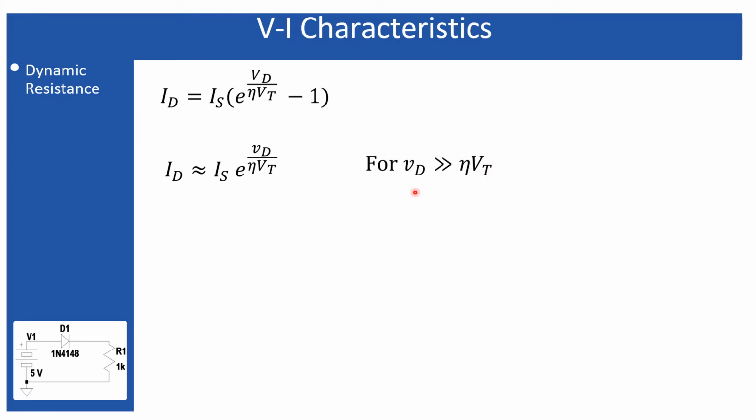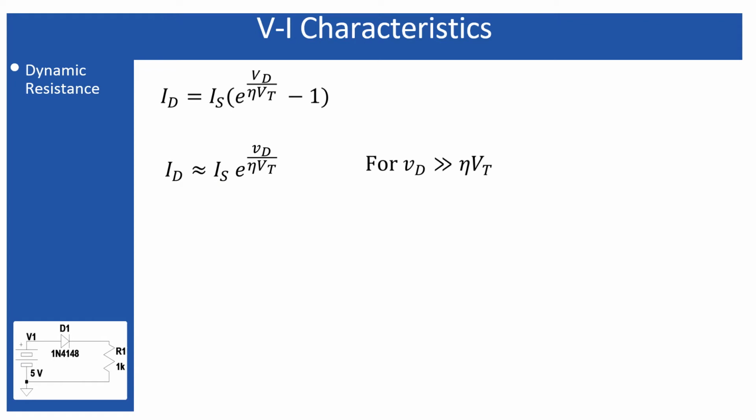We have to consider that this diode voltage should be much greater than this ideality factor times the thermal voltage, because then only this e to the power factor will be much greater than 1, and we can approximate this one with this.